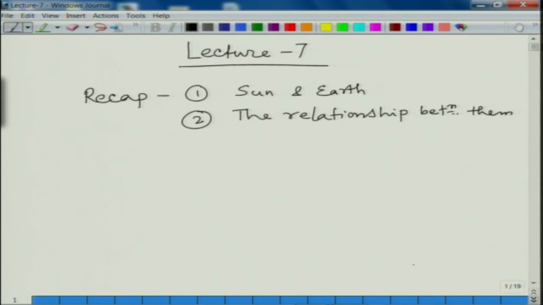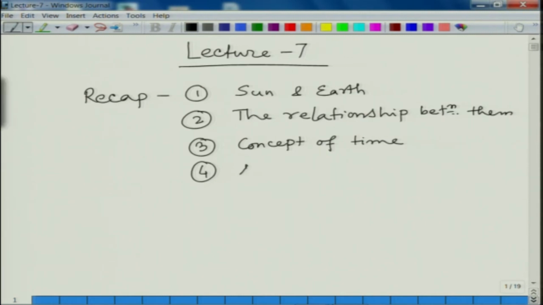Third, we covered the concept of time, how the solar time and your clock time are related.